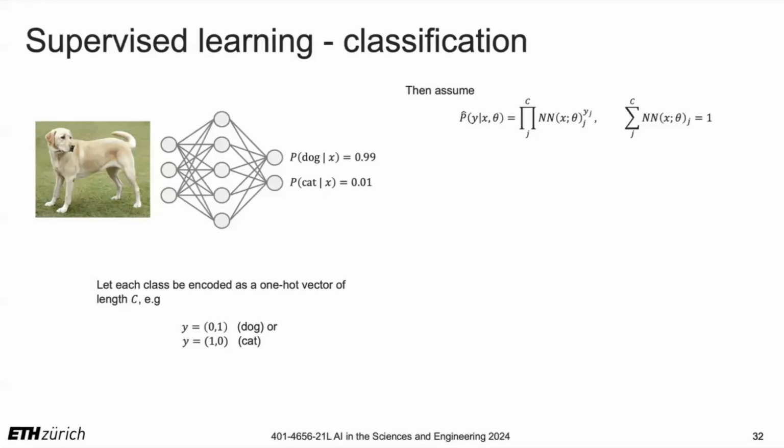For example, if this neuron here tells us the probability of the dog, then this product is just going to pull out that probability because it's a one-hot vector. And to make sure our probabilities are all correct, the summation over the outputs of the network should equal 1, so that we have a well-defined distribution.